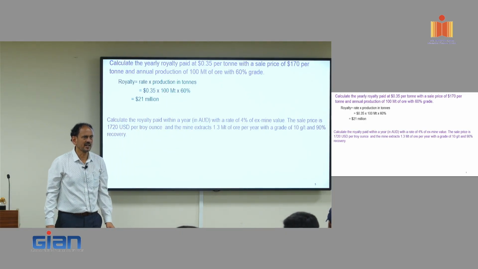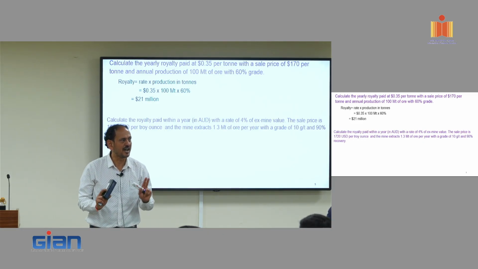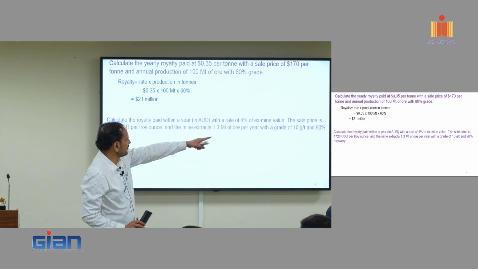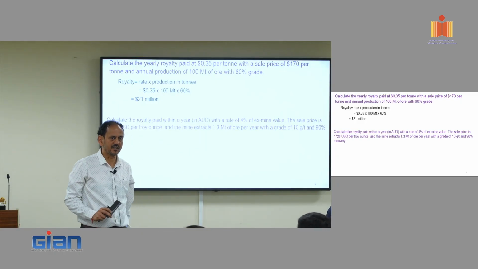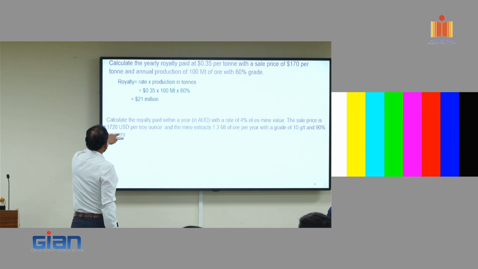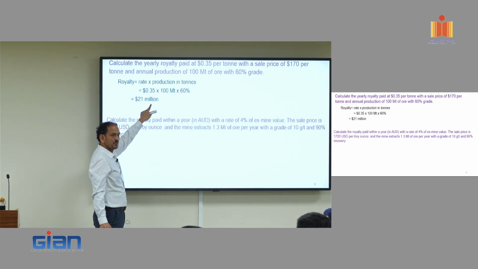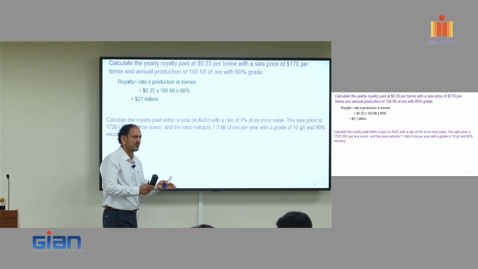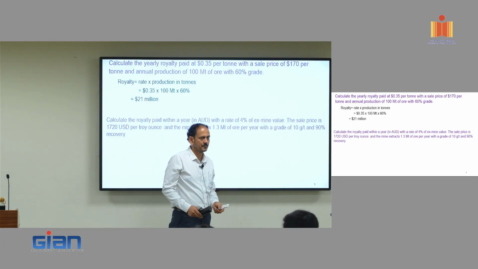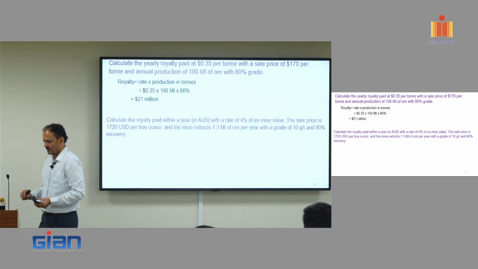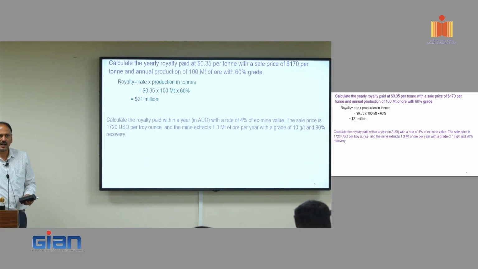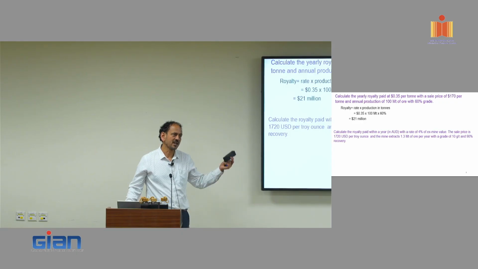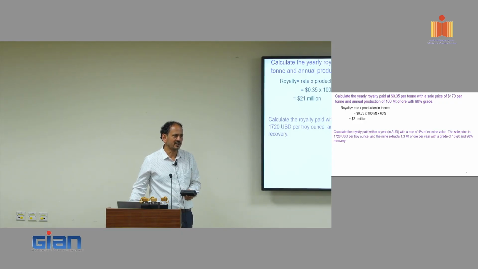Here we are talking of the case of iron ore, for example. Typically iron ore is in that range, anywhere between 55 to 70 Fe content. So that's how you calculate. 21 million is what you pay as royalty for that shipment. And likewise, every time you extract, you have to pay on the same basis. That's one calculation. Royalty is similar to GST, but to understand how exactly it is calculated, I thought I'd use an example like this.